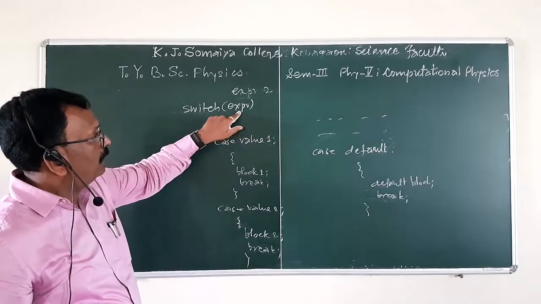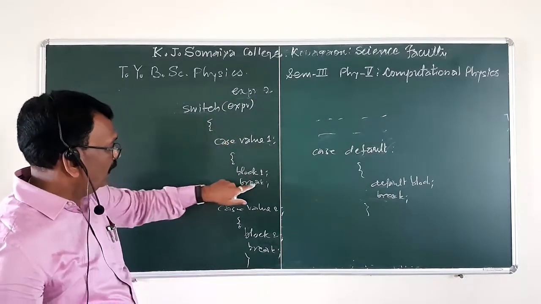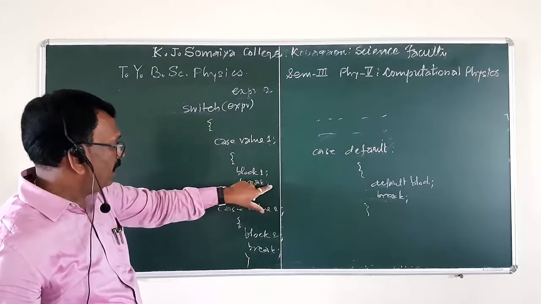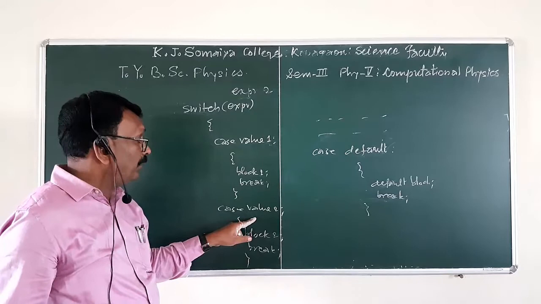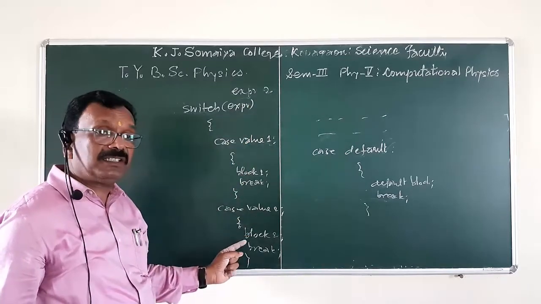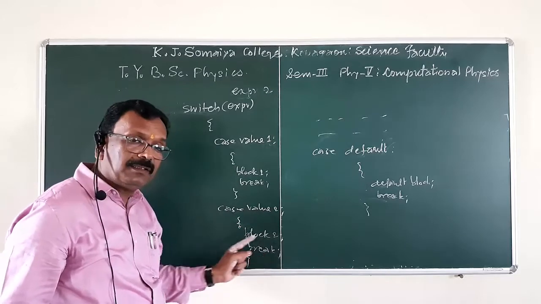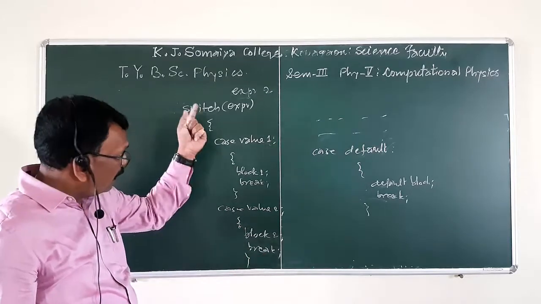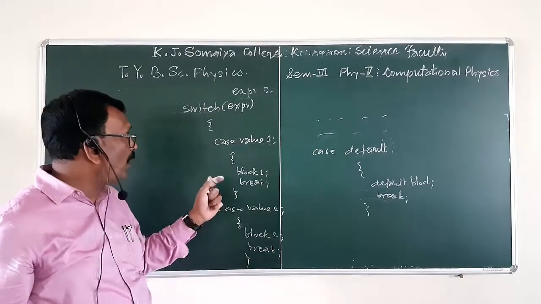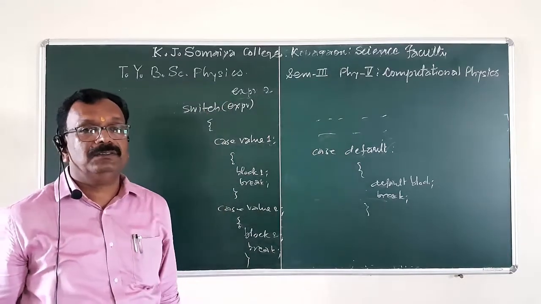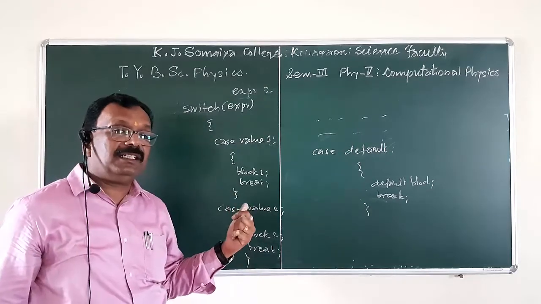Then when the expression is checked with the first case, it is found wrong, so the program moves on and comes to the second case. Whenever the case is matched, the control after break transfers to the statement which comes after the body of the switch statement.